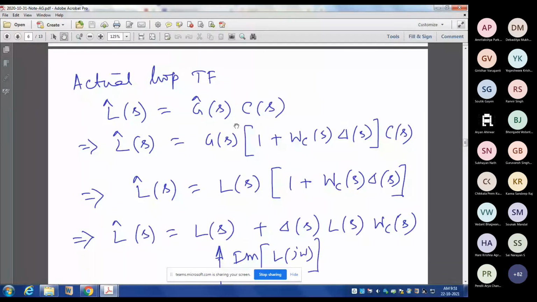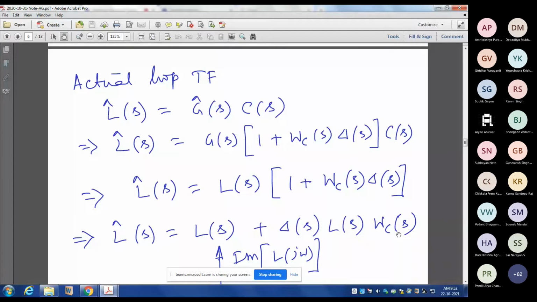So G into C equal to L, which you can write into 1 plus W(s) into delta(s). So again, L hat(s) equal to L(s) plus delta(s) into L(s) into W(s).